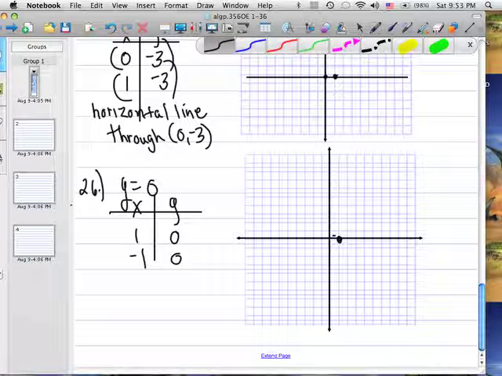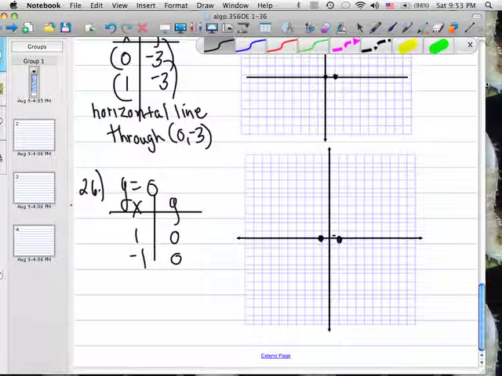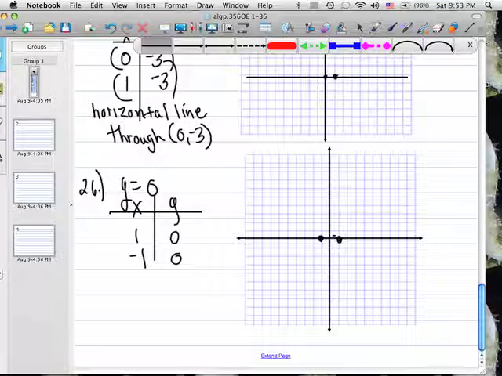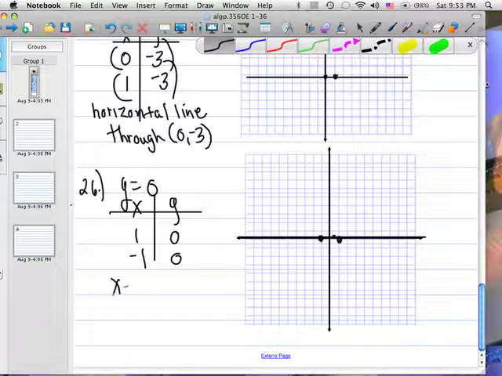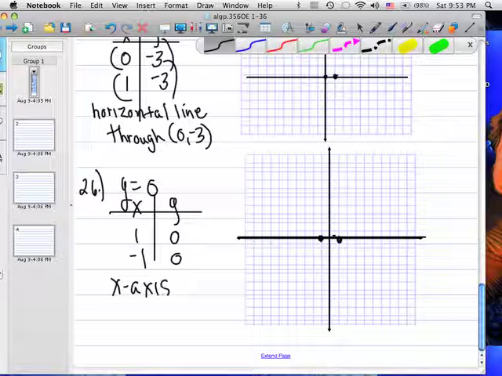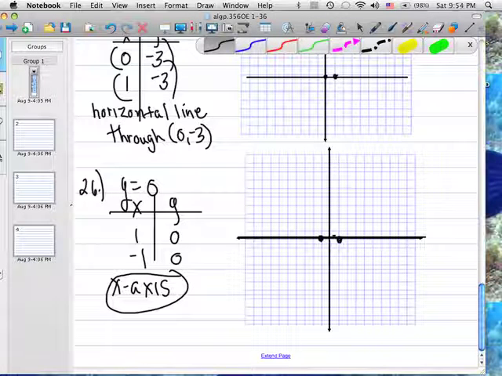X is -1, y is 0. What I end up getting is the x-axis. So this is actually the x-axis. Y is always 0 on the x-axis.